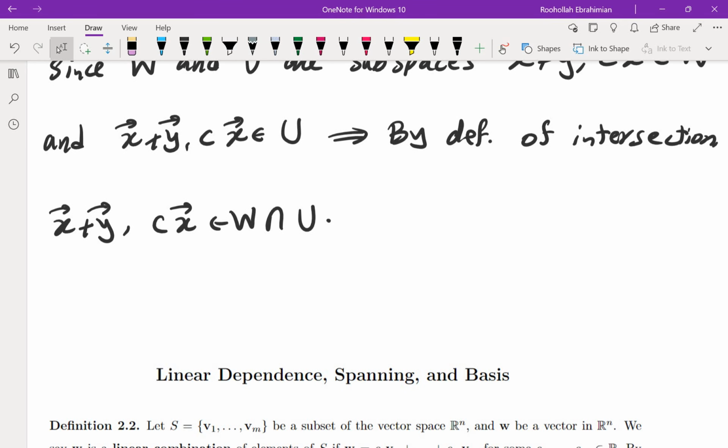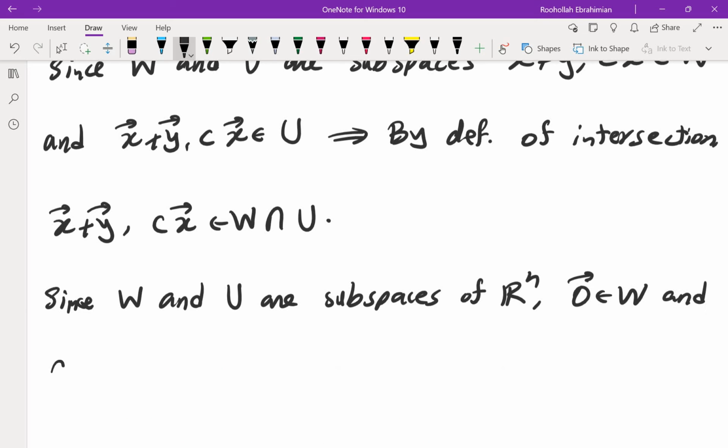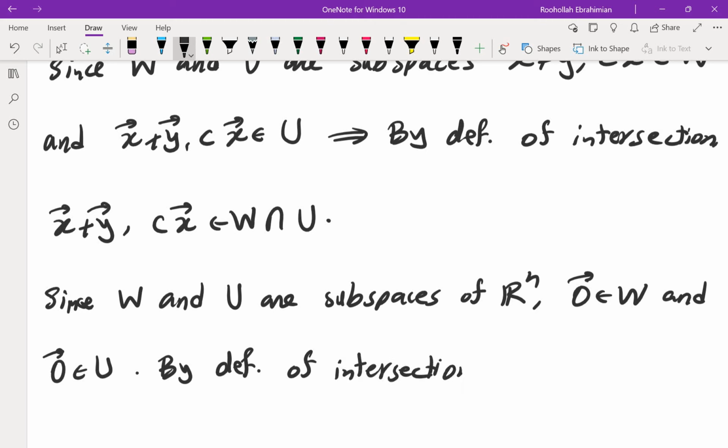Now we will have to show that 0 is in the intersection. So we know that W and U are subspaces of Rn. So 0 is in W and 0 is in U. So now by definition of intersection, 0 is in the intersection.